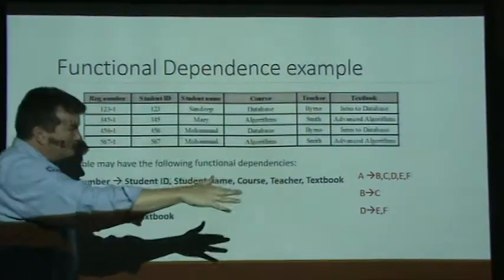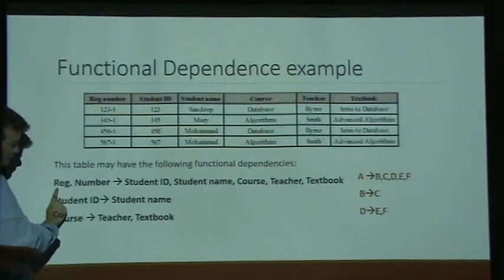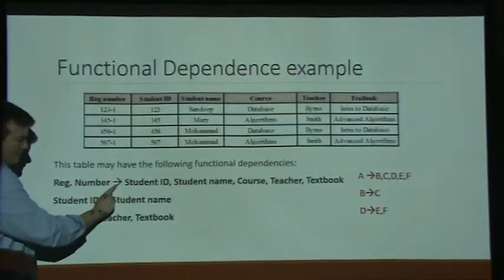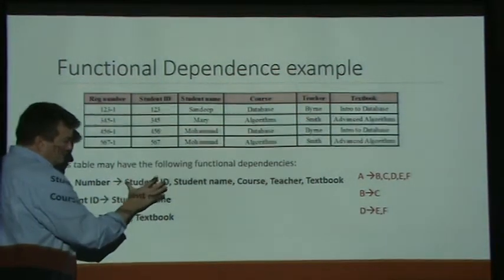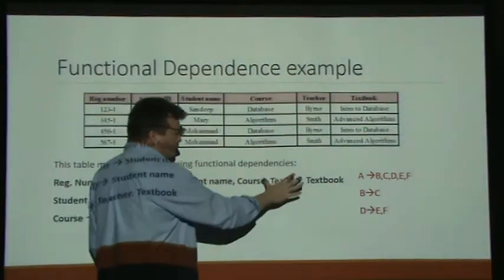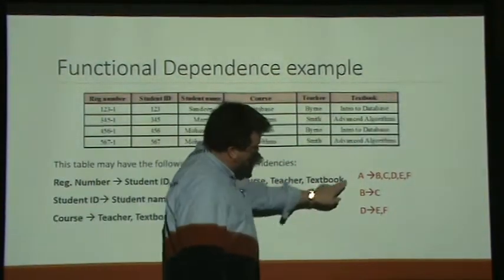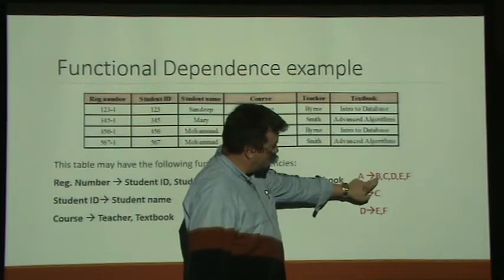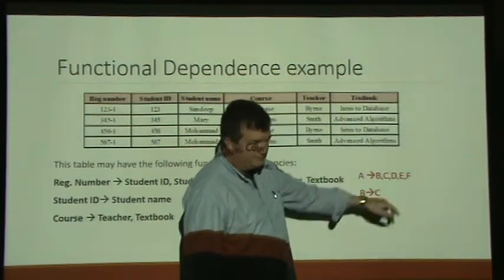I can tell all the fields from that one field. So if I had the registration number, this arrow means I could then tell you what the student ID, student name, course, teacher, and textbook is. And it's a lot easier to just write column A tells us column B, C, D, E.